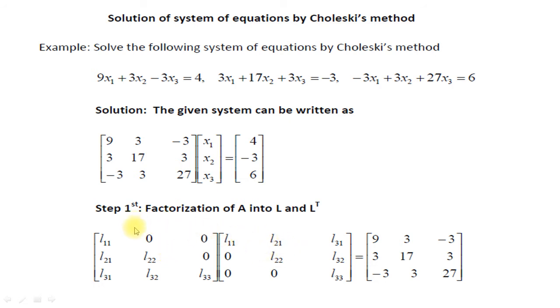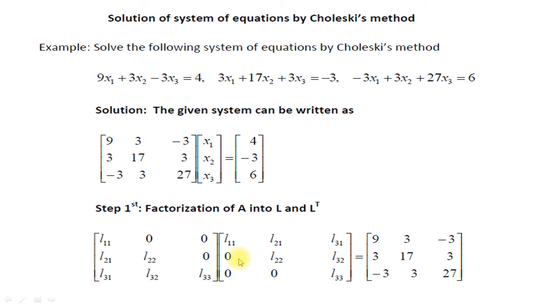Dear students, I would like to tell you again that we have three methods in the LU decomposition method for the solution of a system of linear equations. One is the Doolittle method, another is the Crout's method, and the third one is the Cholesky method.